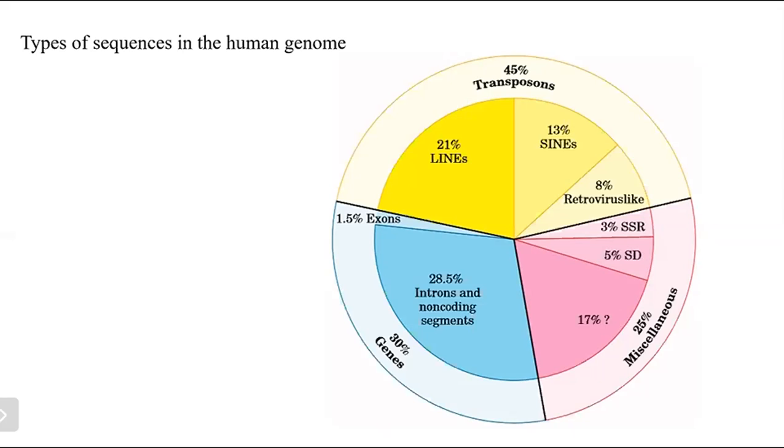All these sequences are non-coding segments. Different proteins bind to these sequences, and they regulate the gene expression. They decide how a particular gene gets expressed. So all these are your non-coding segments in the gene.